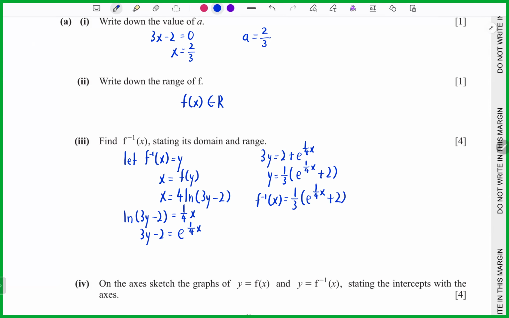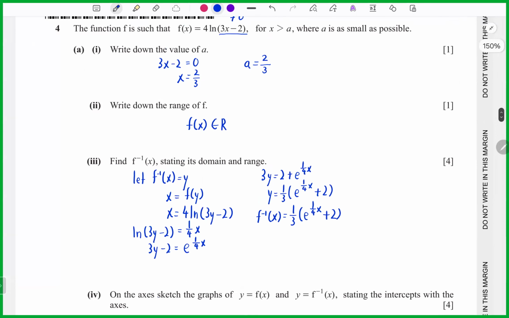Okay, so the domain of the inverse equals x, a subset of the real numbers. Range of the inverse is y more than 2 over 3.